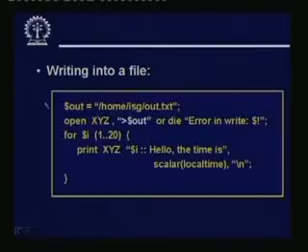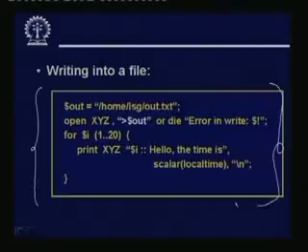Let us look at this version of the program. Again here, instead of reading, we are doing writing. The program is very simple, only there is one difference. First, we are defining the output file name. You are opening, but you are using a greater than sign before the file name. This greater than sign means that you are trying to open the file for output.